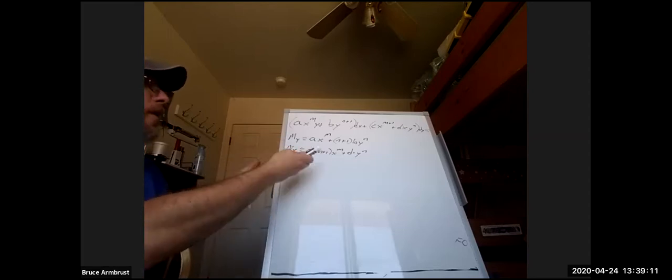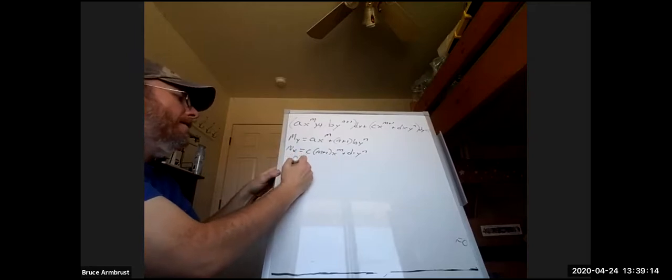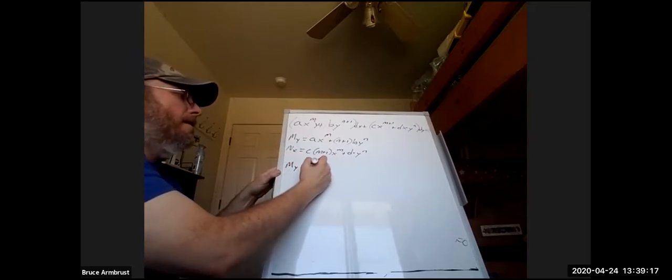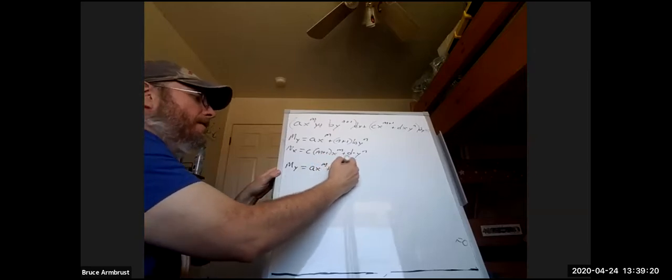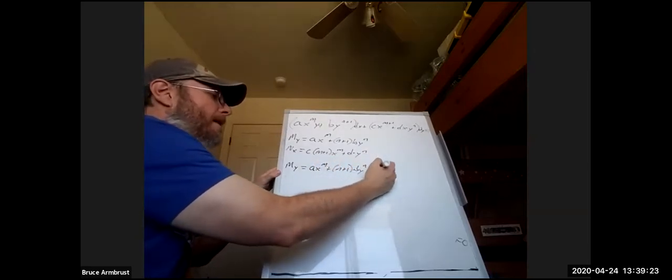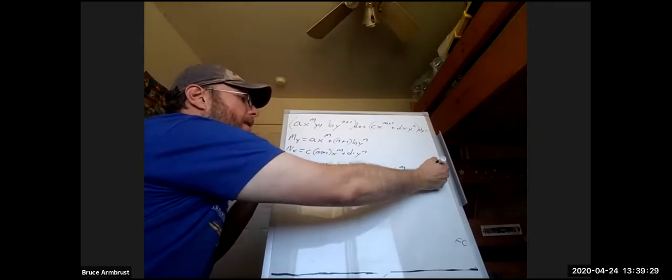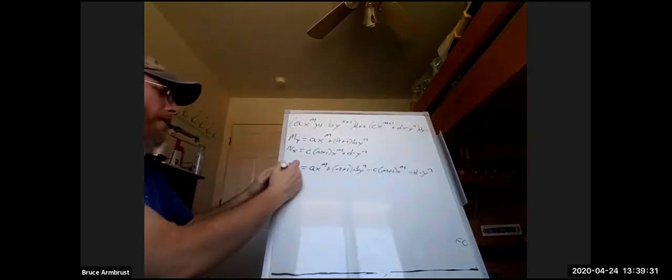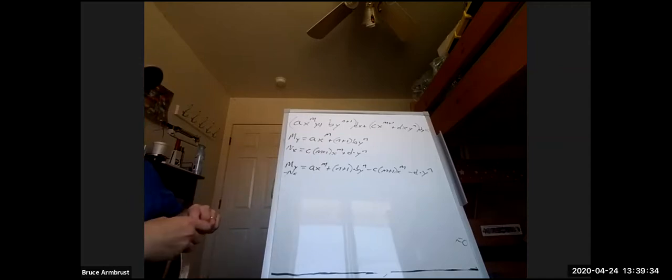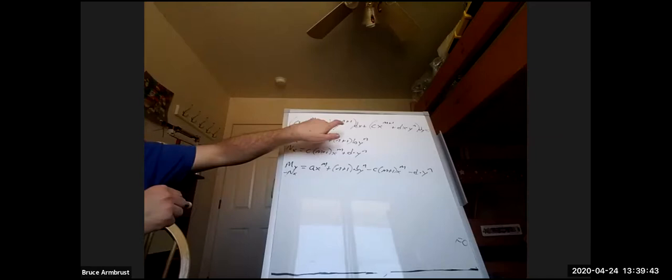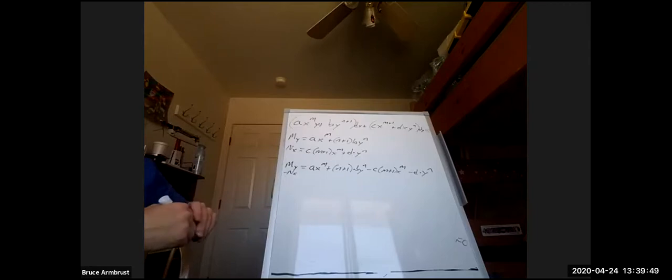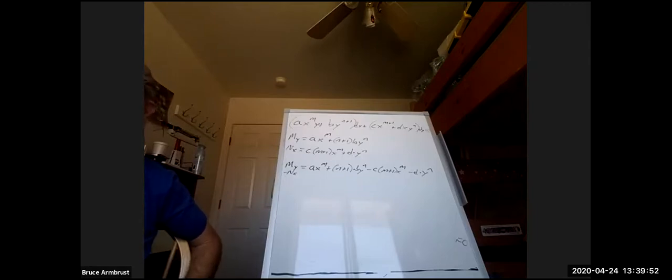All right, so let's do M sub y minus N sub x. So we're going to get a x to the m plus n plus 1 times b y to the n minus c times m plus 1 x to the m minus d times y to the n. So there's our M sub y minus N sub x. And again, our goal is to write this as a product of these two, where the multiples are functions of x and functions of y, respectively.